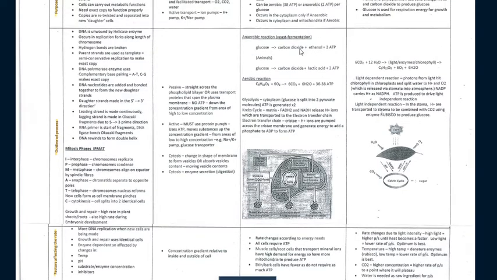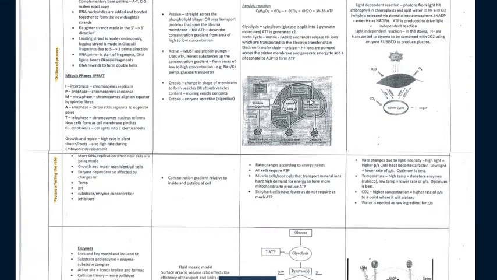So overall, this whole overall aerobic cellular respiration, we have 38 ATP being produced. Alright, so there are a few factors that can affect the rate of cellular respiration. We first of all have the rate change according to energy needs.